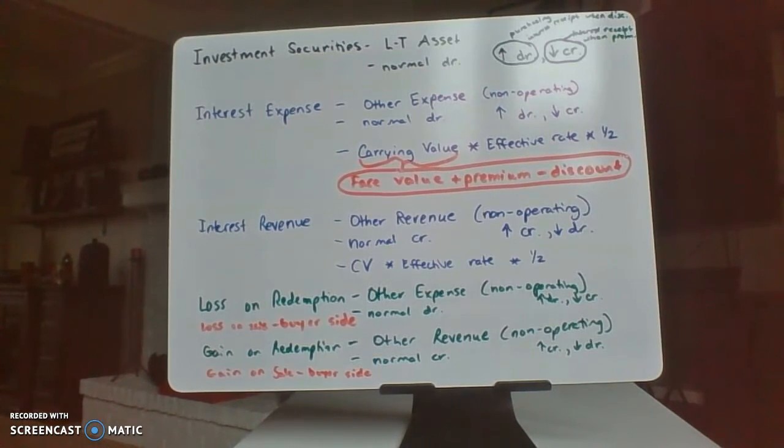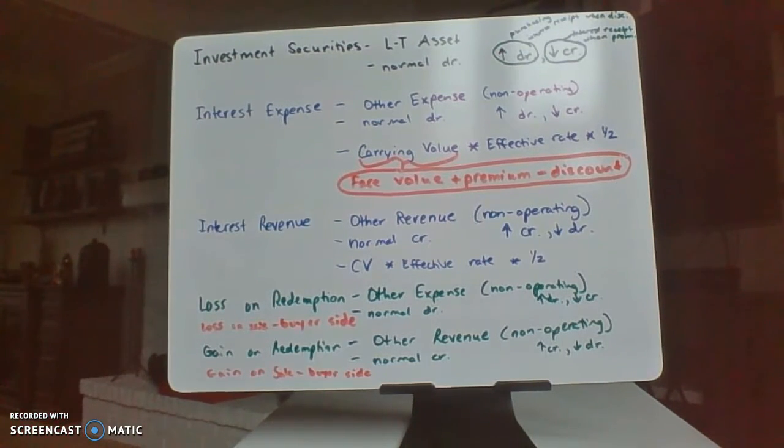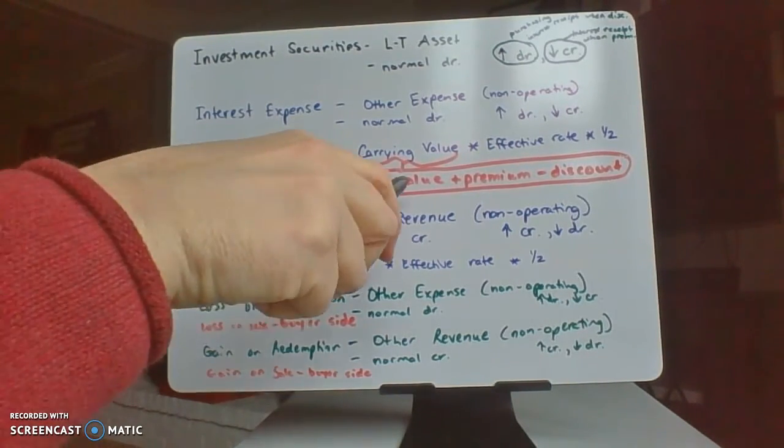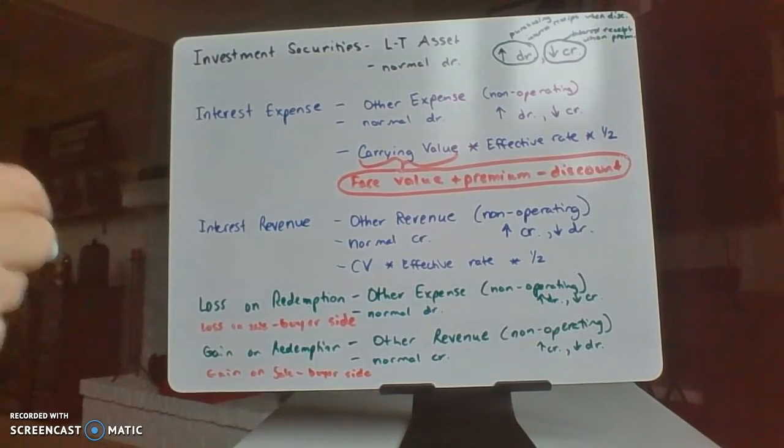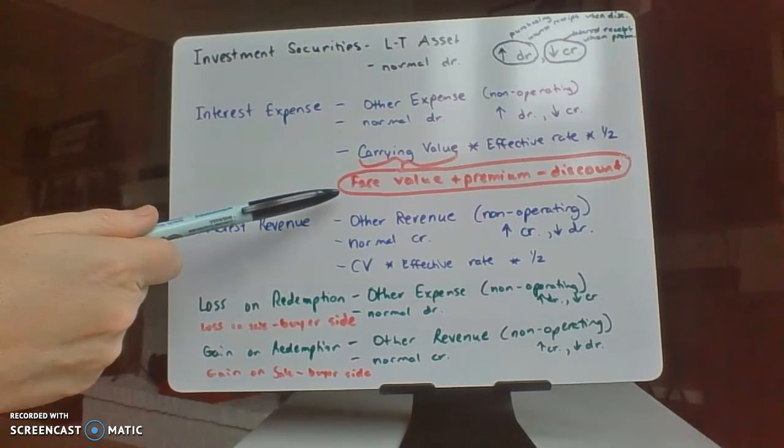So the carrying value, and this is absolutely crucial, I mean, learn this calculation, is face value of the bond plus premium, deduct discount. That's the way to do it, to help you remember. Face value plus premium, deduct discount.